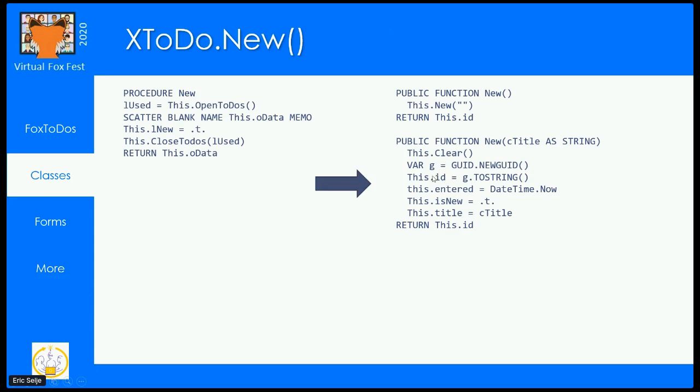And then I convert that to a string from a GUID, and then I've got my new primary key. I do kind of the same thing here with datetime. That's a static class that has a now property, which is the current date and time. And I throw that into the entered field. I mark that it's a new one, and I set the title to whatever was sent in.